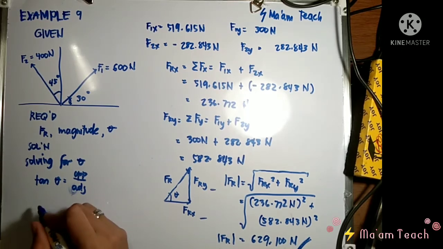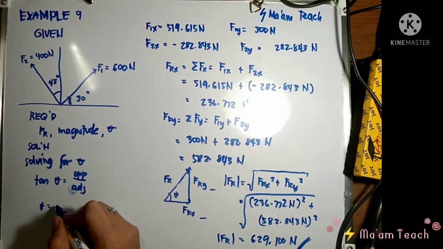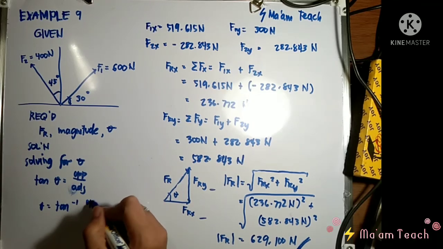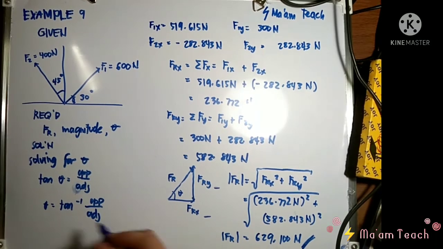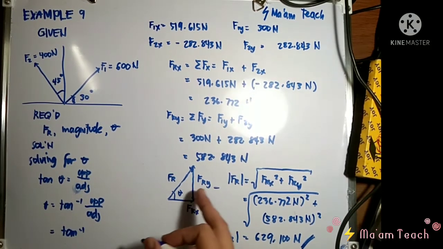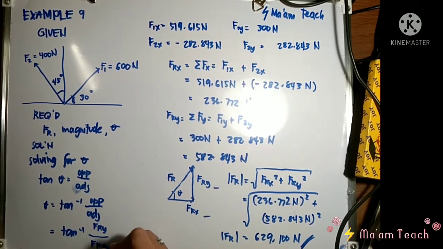In order to do that, we divide both sides by tangent, and that will become theta equals arctan of opposite over adjacent. In this case, class, our opposite is what? Opposite is the magnitude of your FRY divided by your adjacent, which is the x component.